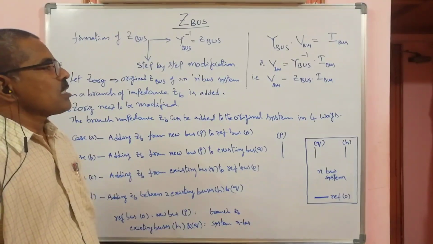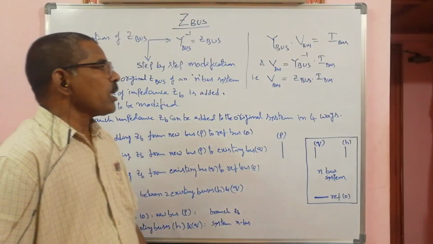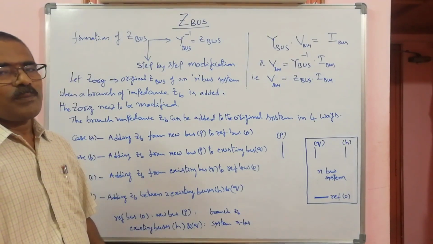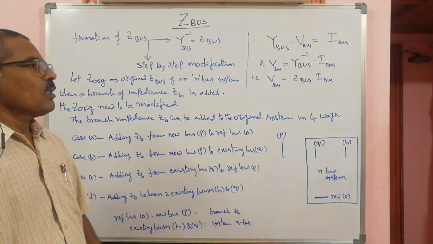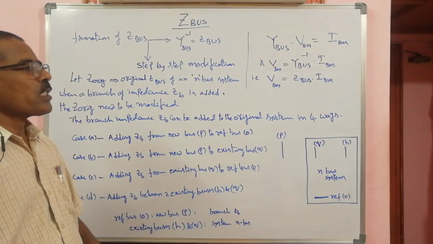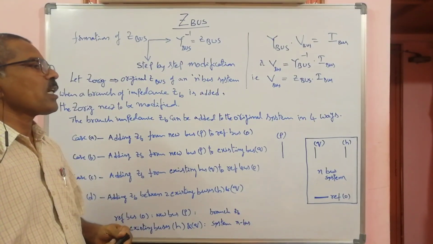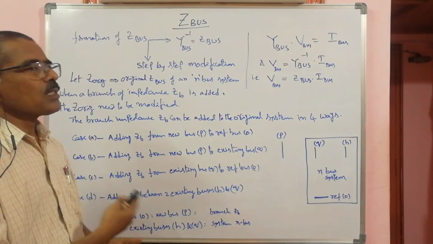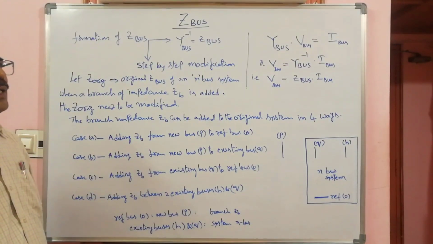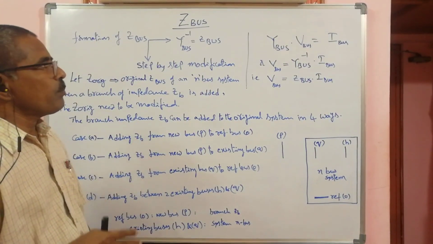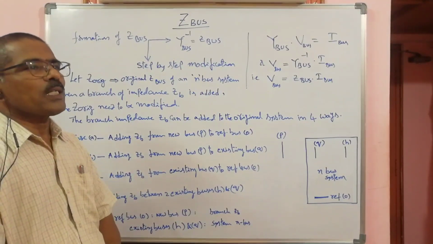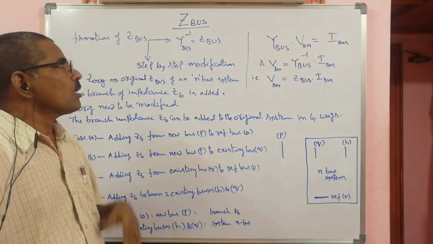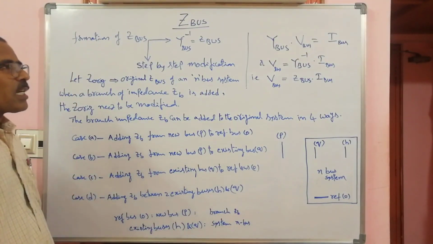And Z bus is particularly very useful in fault analysis. Normally for fault current calculations, Z bus is directly used. Y bus is for load flows and all. Whatever said and done, we must be able to form Y bus and Z bus whenever they are in need. Y bus is already completed. Now we are going through Z bus.